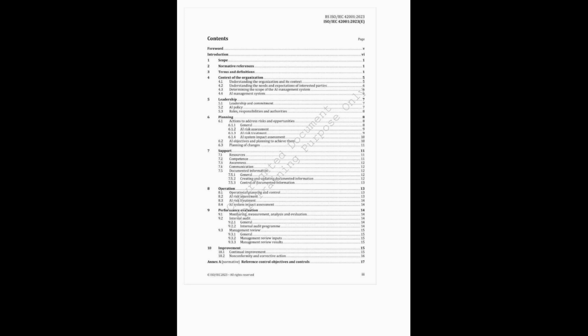And what exactly are they reviewing? What information are they looking at? Well, first, they're checking up on the actions from previous reviews. Did we do what we said we would do? Holding themselves accountable. Good. Then, they're looking at any changes, both internal and external, that could affect the AI management system. New laws, new technologies, shifts in the market, anything relevant. Keeping up with the times.